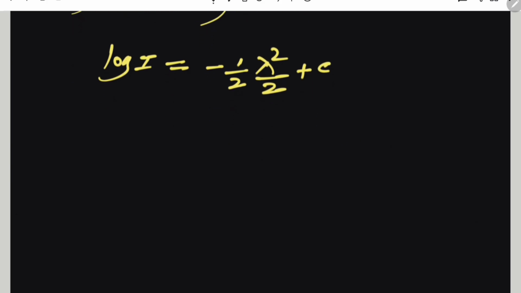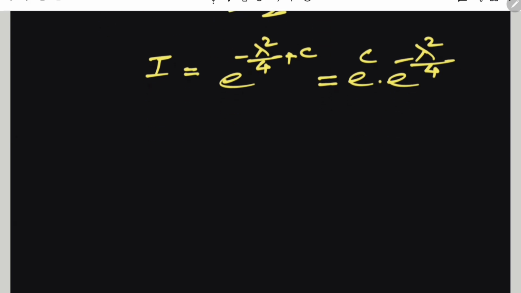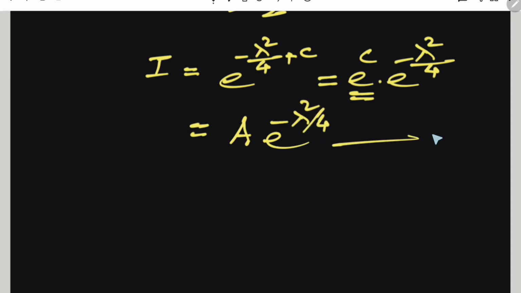Then transferring log to right hand side, we get I equals e raised to minus λ square by 4 plus c, splitting it as e raised to c into e raised to minus λ square by 4, e raised to c some new constant, suppose A capital, into e raised to minus λ square by 4. Equation number 4th. And on left hand side it is I of λ.